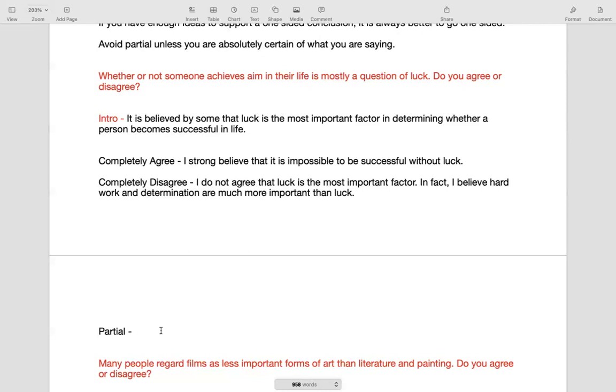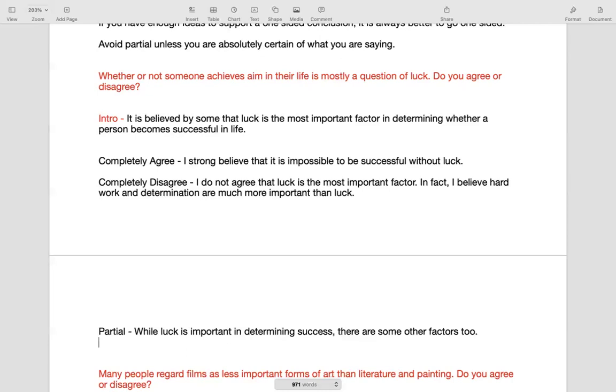While luck is one important factor in determining success, but that is not the only one. Okay, very good. Not the most important factor. There are some other factors too. Okay. So can I try? Yes, you can try.